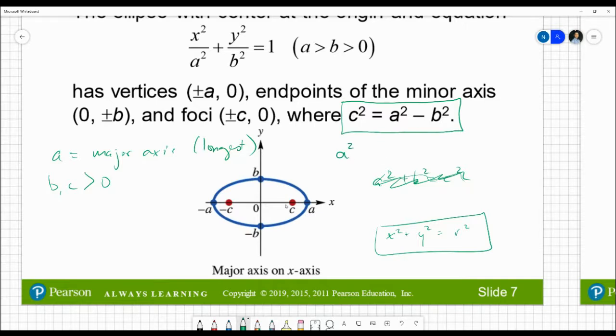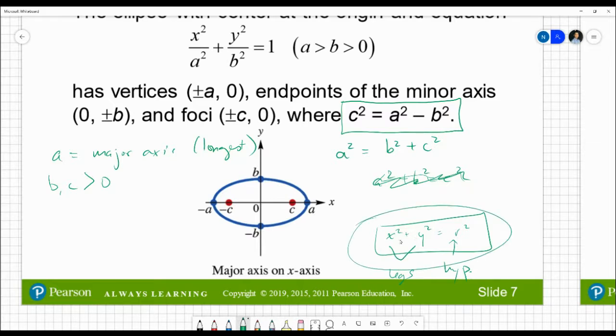Since A is the largest one, that means that B squared plus C squared is equal to A squared. Because if you think about it, when you have x squared plus y squared, these two are the legs, right? This is the hypotenuse. And the hypotenuse is always the largest one. So therefore, if you memorize it with this, it's always going to be true.